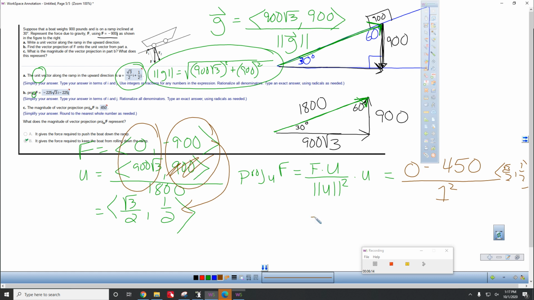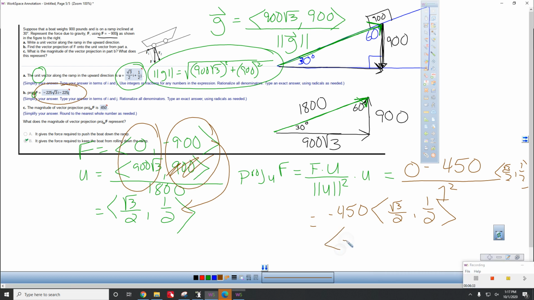All right, so what do you get? You get negative 450 times radical 3 over 2, 1/2. And what do you get? Bam! That. You get negative 225 radical 3, negative 225. Okay?